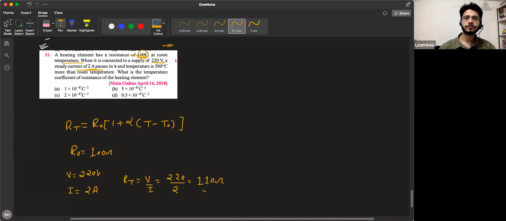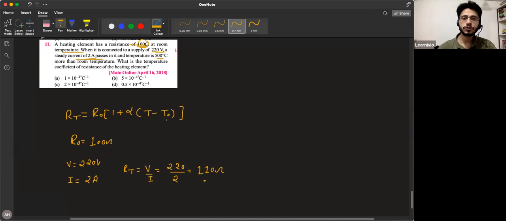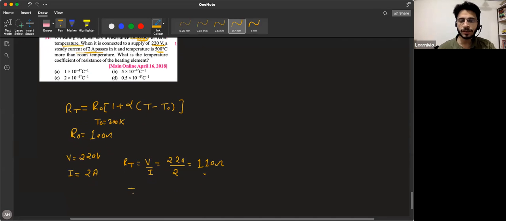This is RT. And the temperature is 500 degrees Celsius more than room temperature. So if you consider your room temperature as 300 Kelvin, then the temperature T at which the resistance is 110 is 500 plus 300, which is equal to 800 degrees.